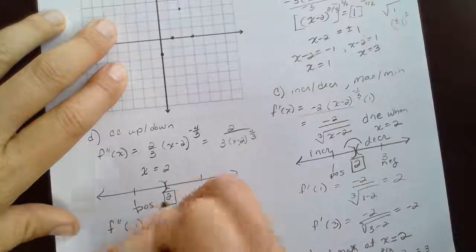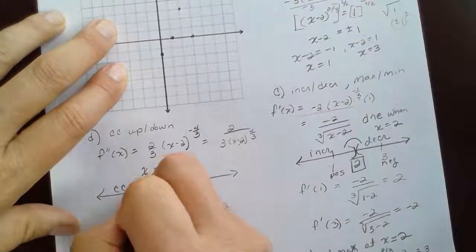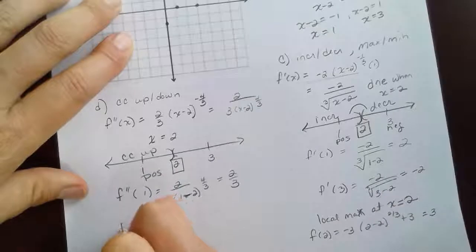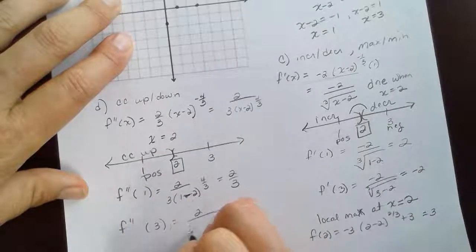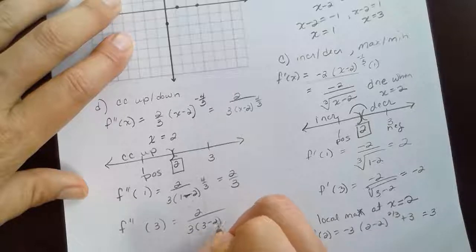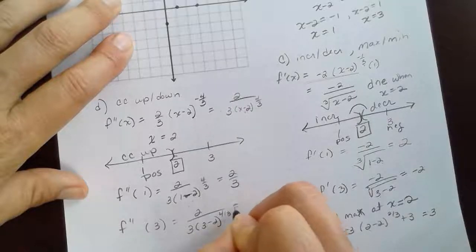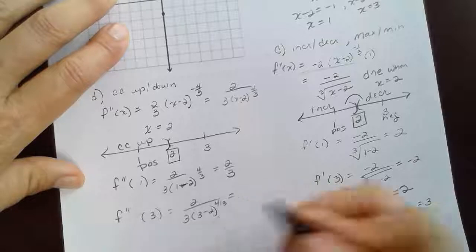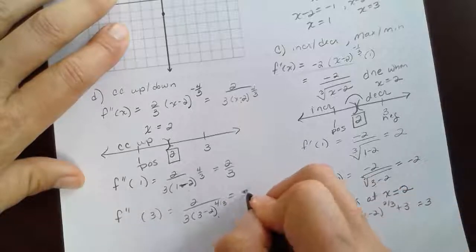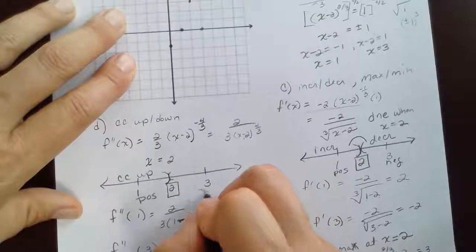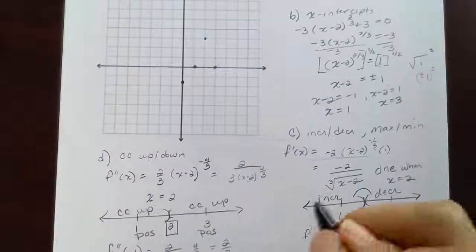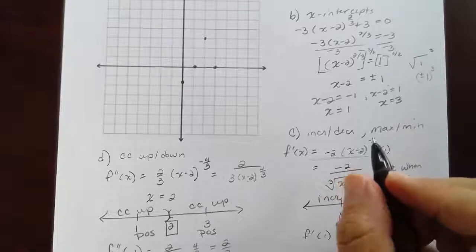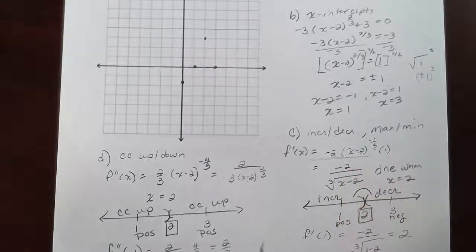We're positive. So we're concave up on the left. f double prime of 3 will be 2 over 3 times 3 minus 2 to the 4/3 power. 3 minus 2 is 1. 1 to any power is itself. So this is positive 2/3 again. So we're still concave up, even though we have a local max at that same point. We're concave up on both sides of that, which is interesting.